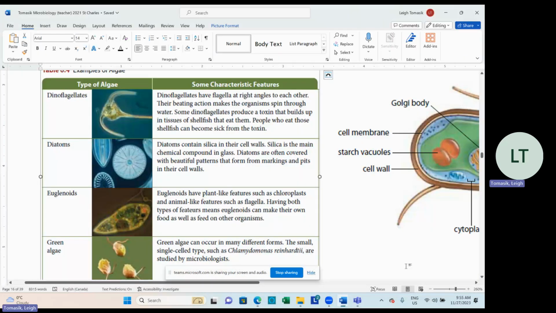So diatoms are protist algae that contain silica in their cell walls. And silica is the main chemical compound in glass, but also the main chemical compound in sand. So what happens is these diatoms live their lives and they die, and what remains of them is the glass, the sand.